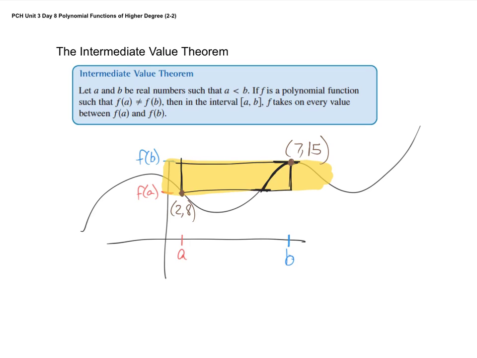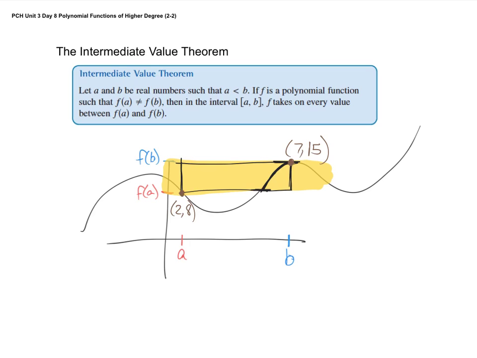What the intermediate value theorem says is that you could pick any number between 8 and 15, and we could find a point on our graph that will hit that value.